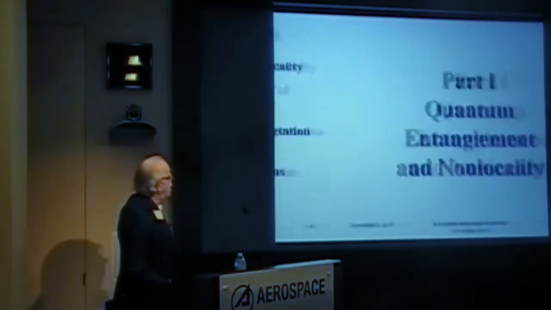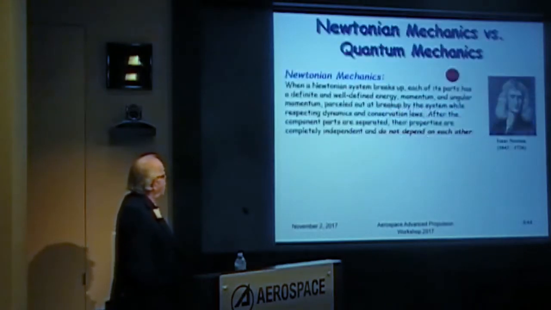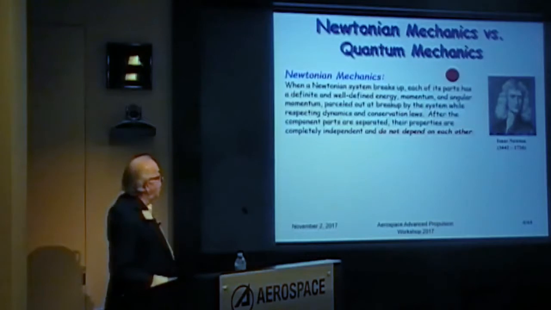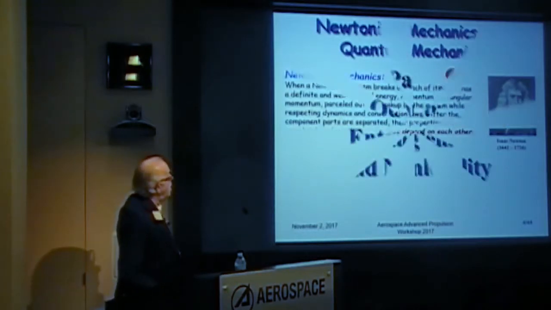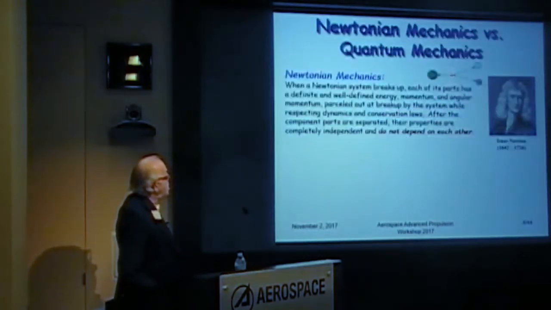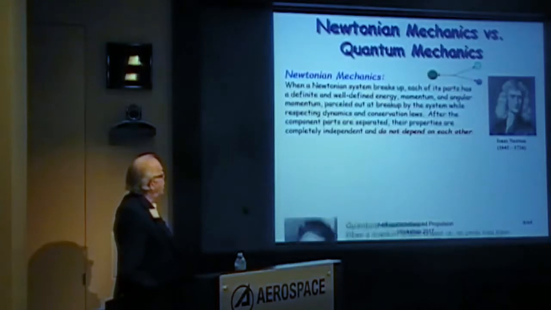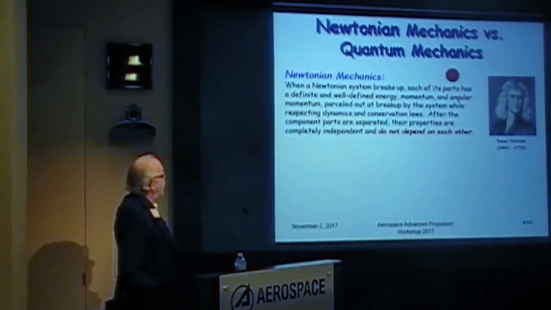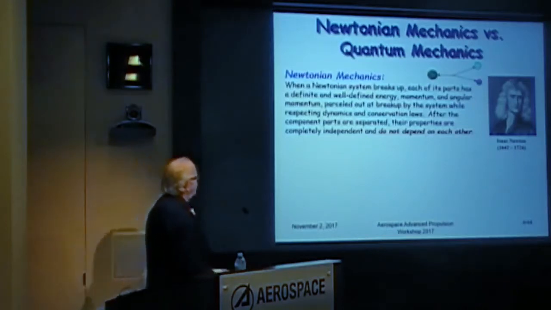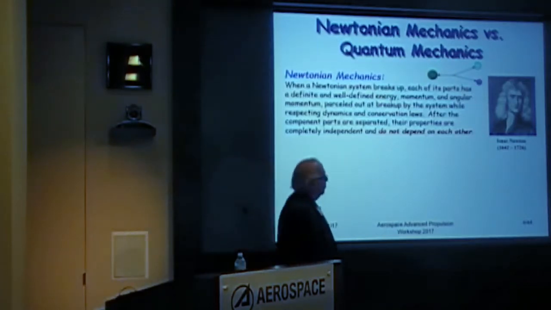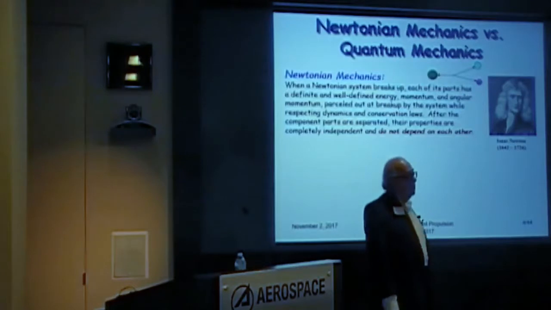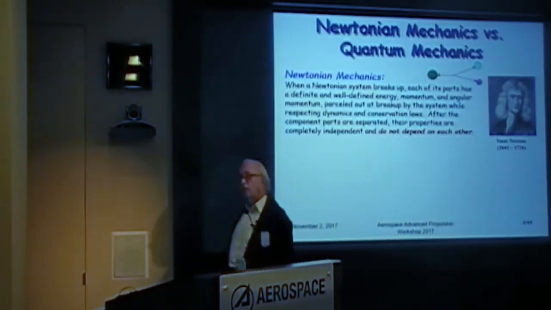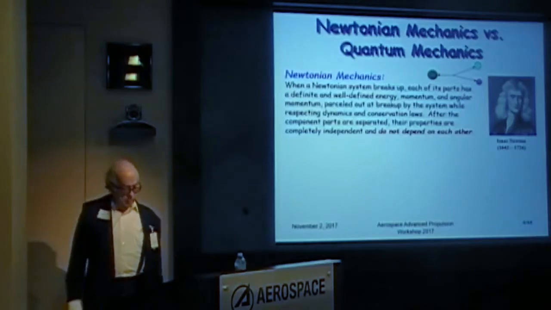Okay, so to get started, here we have an object that's breaking up into a couple of pieces, and in Newtonian mechanics, each of these pieces has a definite momentum, a definite angular momentum, a definite energy, because these are conserved quantities.